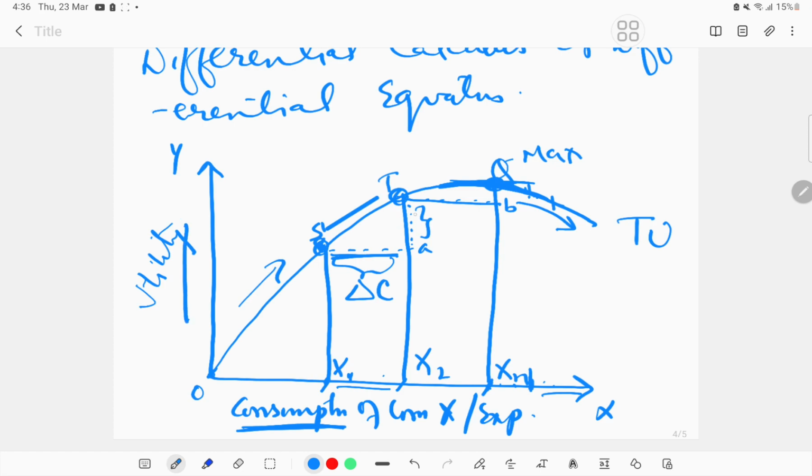So this is the change in total utility. This change in the total utility can be denoted by ΔU.